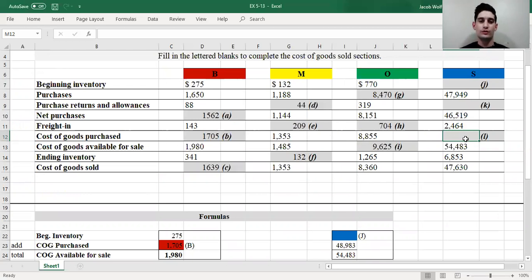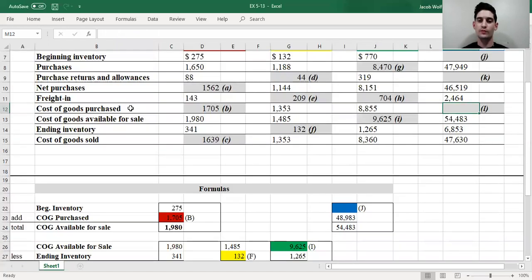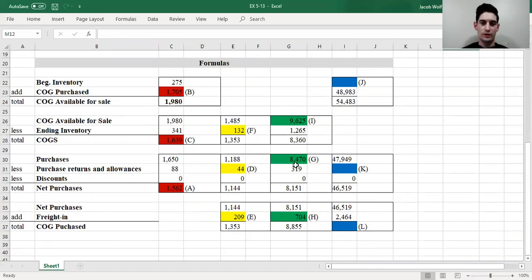So if we go to solve for cost of goods purchased for company S, we're looking down here. We're given the values net purchases and freight in for company S. For this formula, it's net purchases plus freight in that gets our cost of goods purchased.